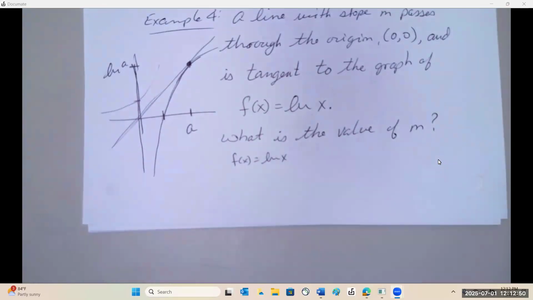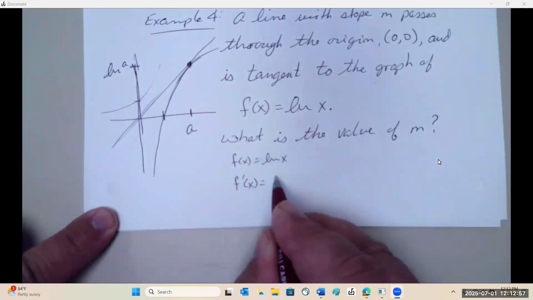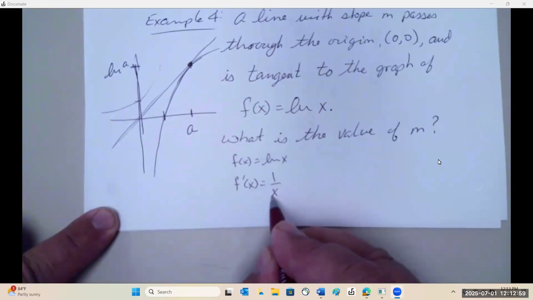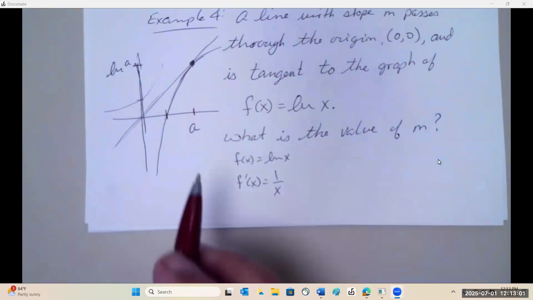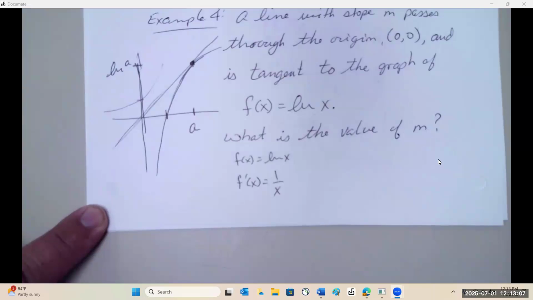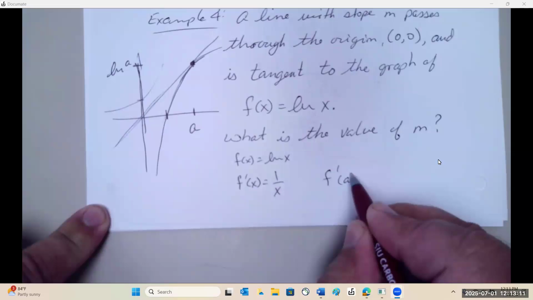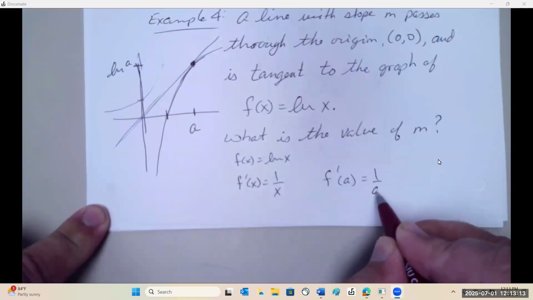How do I find the slope of that curve? First derivative, which is 1 over x. So the slope at that point would be what? Very good. So the slope at a would be 1 over a.